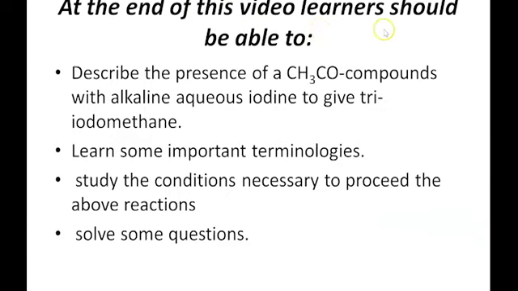At the end of this video, learners should be able to describe the reaction of CH3CO compounds with alkaline aqueous iodine to give triiodomethane, commonly called iodoform. Learn some important terminologies, study the conditions necessary for the above reaction, and solve some questions.